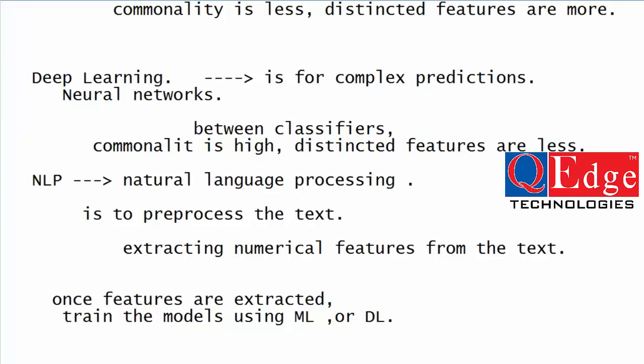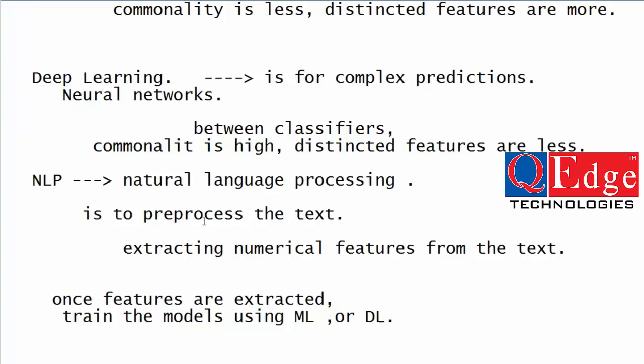But if it is chat data between you and me, we use informal kind of language, which has typical patterns. So especially to train the model based on chat data, we need to go with deep learning. If it is normal, we can go with machine learning models like SVM, decision tree, or random forest. Okay.